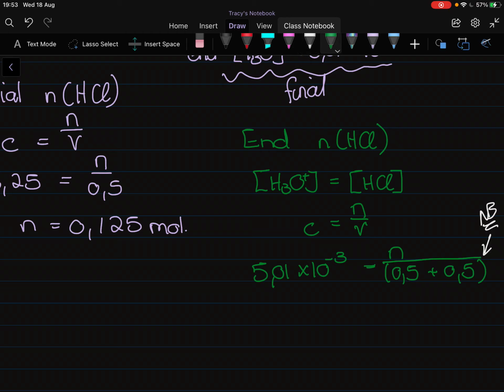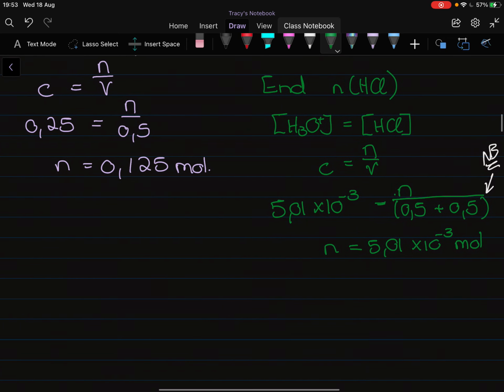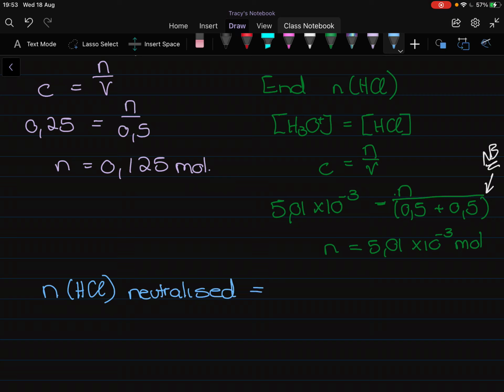Okay, we added the two together, so number of moles is going to be 5,01 times 10 to the minus 3 moles. So I had 0,125. I've ended with 5,01 times 10 to the minus 3. What does that mean? Well, the number of moles of HCl that would be neutralized is the difference between those.